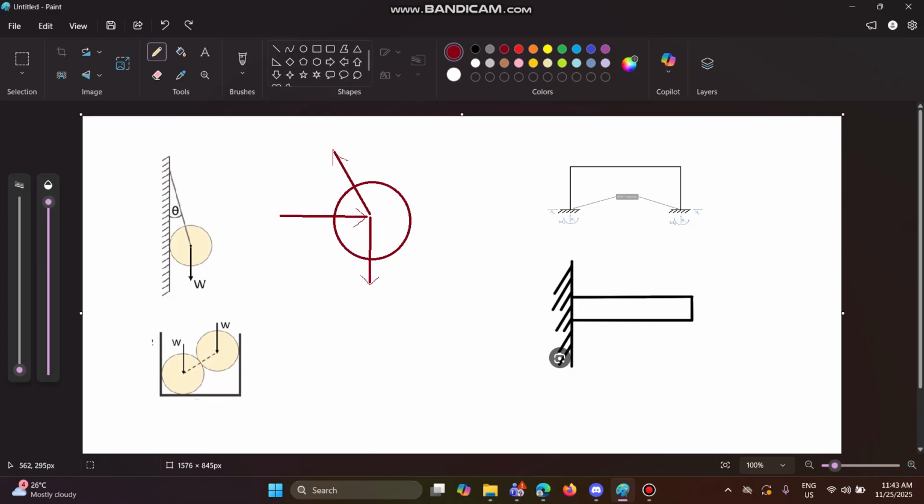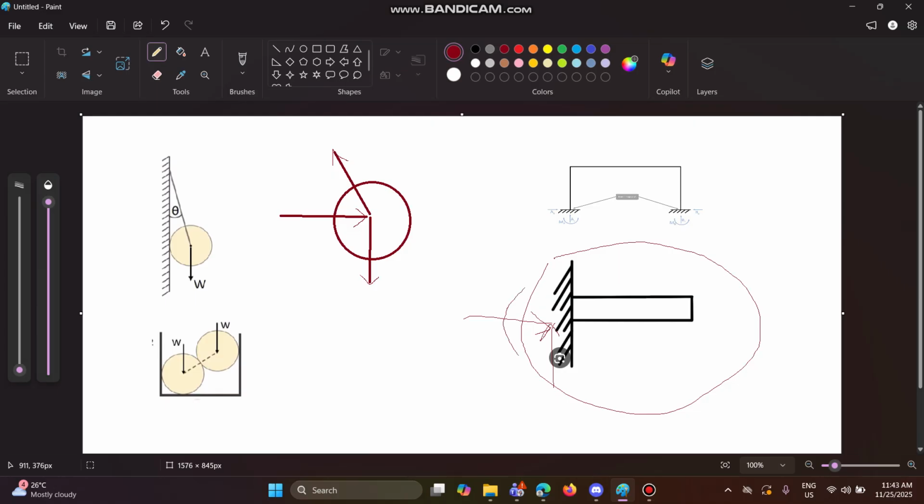You can kind of tell if it's truly fixed versus just resting on a wall by looking at it. If it's a frame, especially if it's a cantilever beam such as this one, you will have to draw the three reactions.